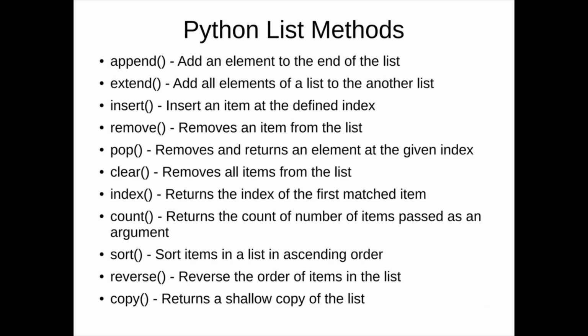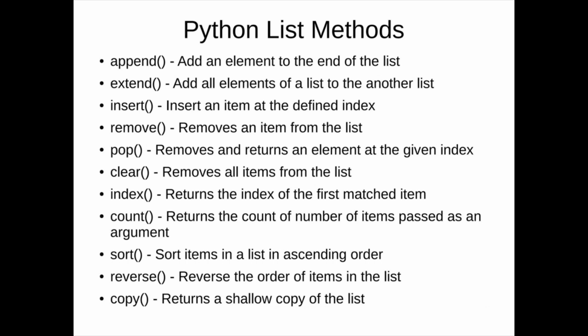Insert method inserts an item at the defined index. The remove method removes an item from the list. Pop method removes and returns an element at the given index. Clear method removes all the items from the list. The entire list is cleared.